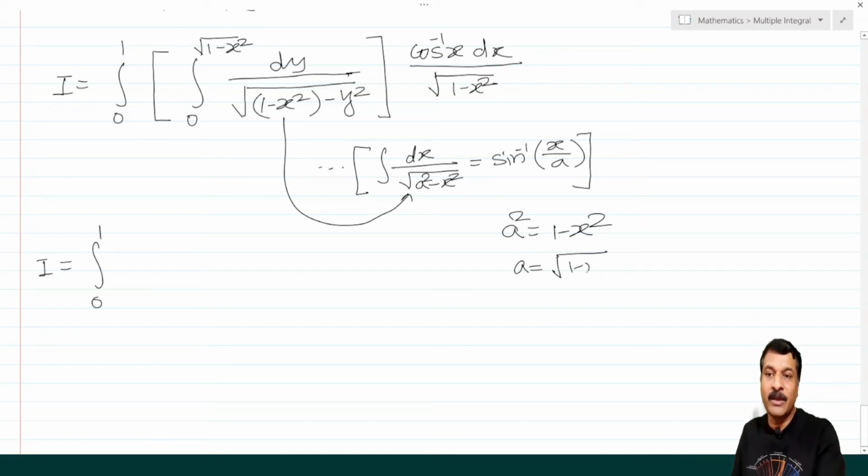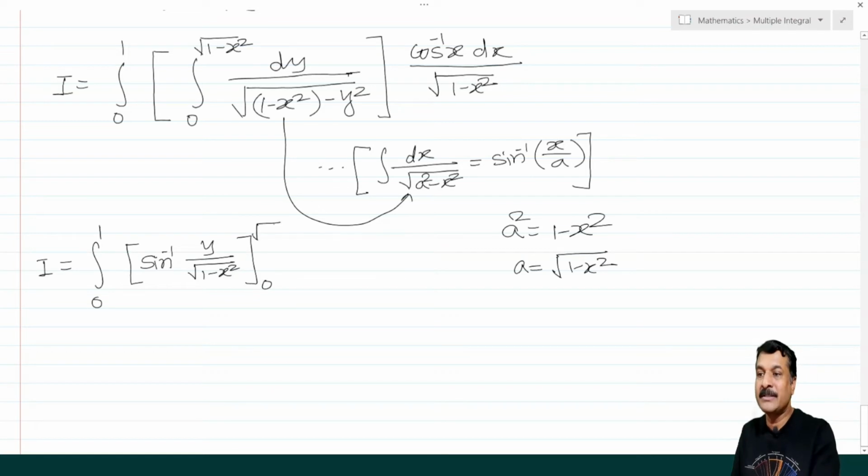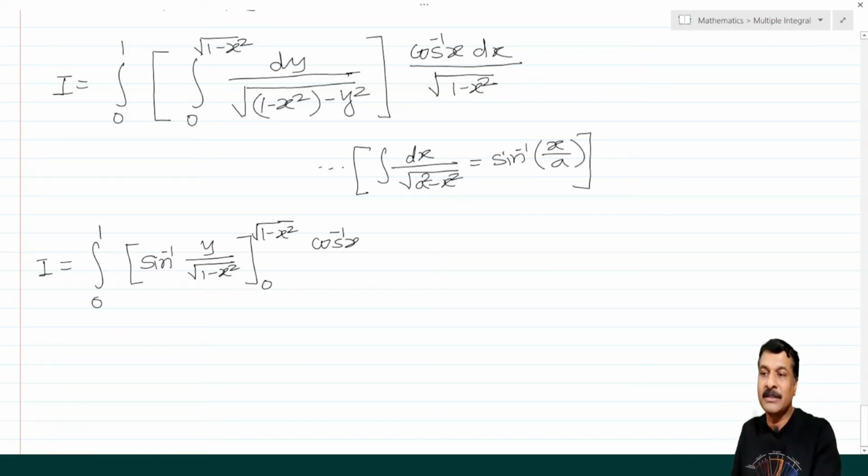Under root of 1 minus x square. Note this thing, and that is why I am getting here sine inverse of y by a, where a is under root of 1 minus x square, with lower limit 0 and upper limit under root of 1 minus x square. The remaining stays as it is, cos inverse x dx upon under root of 1 minus x square. So upper limit minus lower limit.